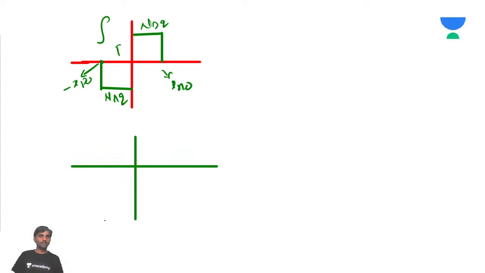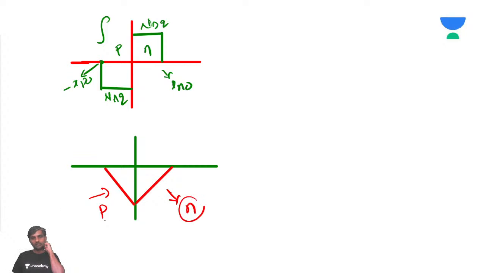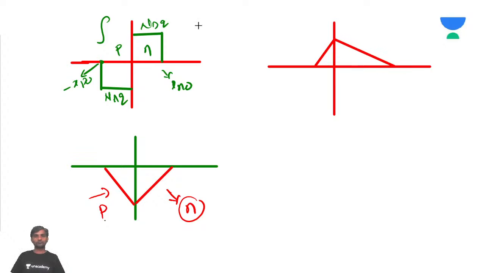This is P type and this is N type. For P type, how do you get it, sir? You get it like this, decaying. If it is increasing, it is N type. Decreasing means P type, increasing means N type. So in the given figure, this side is positive, decaying, and this is increasing.